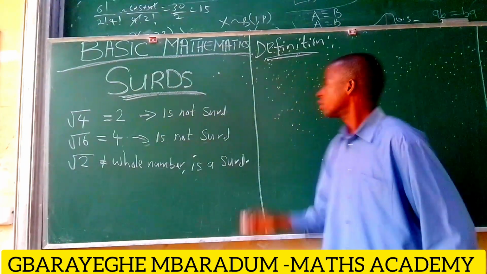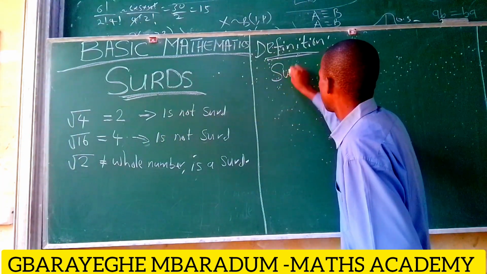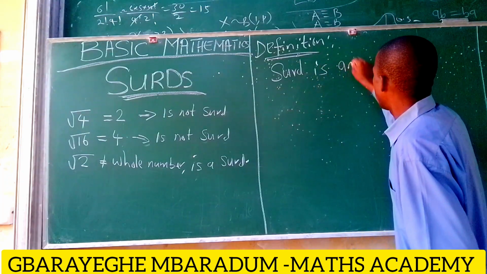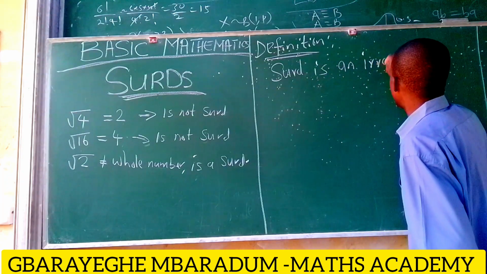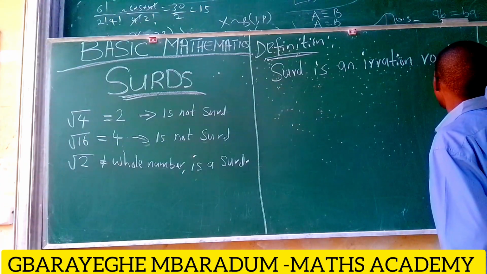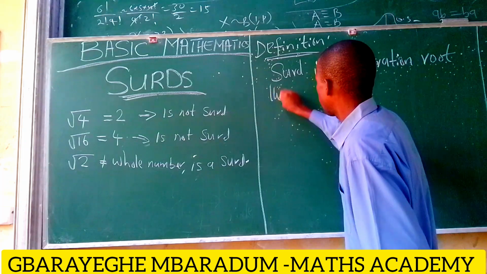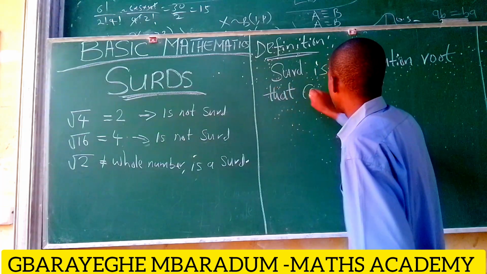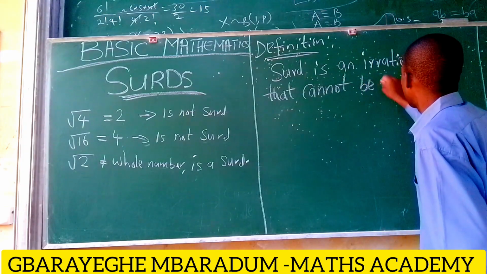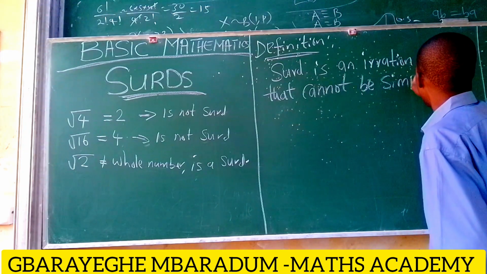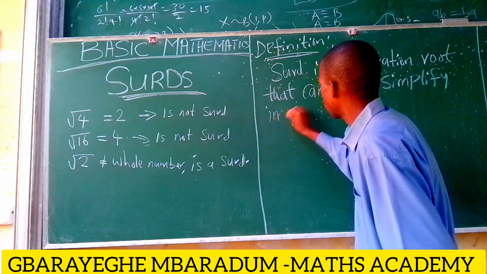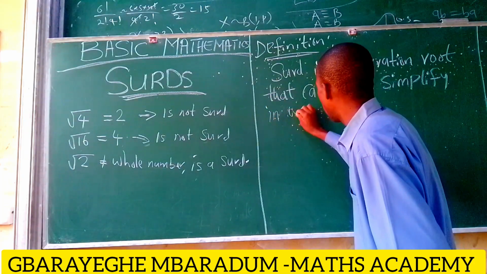Based on my explanation, surd is an irrational root that cannot be simplified into a whole number.